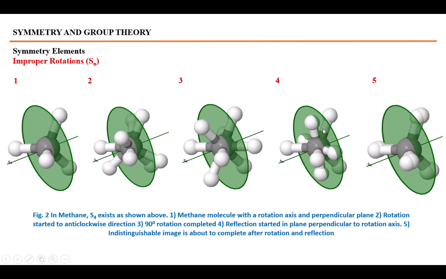It means that after applying the reflection, first rotation by 90 degrees, then applying the reflection perpendicular to this rotation, will make the same image or indistinguishable image. So S4 exists as an improper rotation axis in the methane molecule.